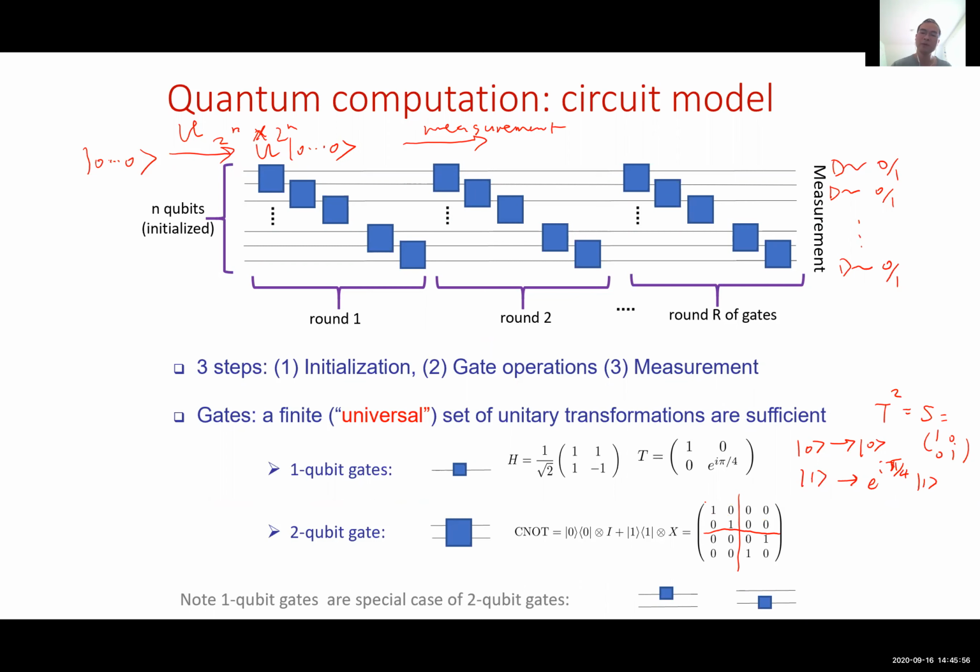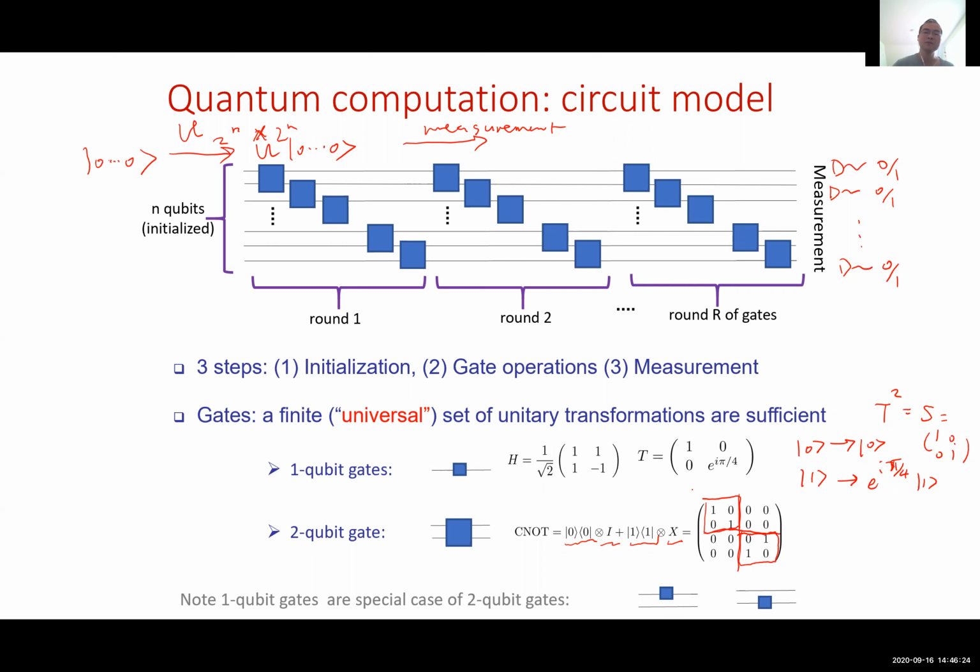You have a block which is identity, the other block is X, and you can also write it in terms of this projector. If the first qubit is in 0, you do identity on the second qubit, or if it's 1, then you perform the X gate on the second qubit. So this is the CNOT gate.